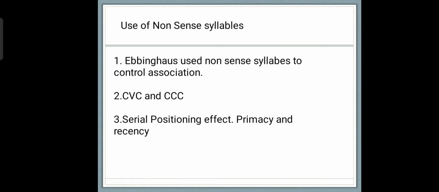Now, in this practical, we will be using nonsense syllables. Why are we using nonsense syllables? To control association. What is association? Now, whenever we try to learn something new, generally we associate it with our previous knowledge. Just think about our class.